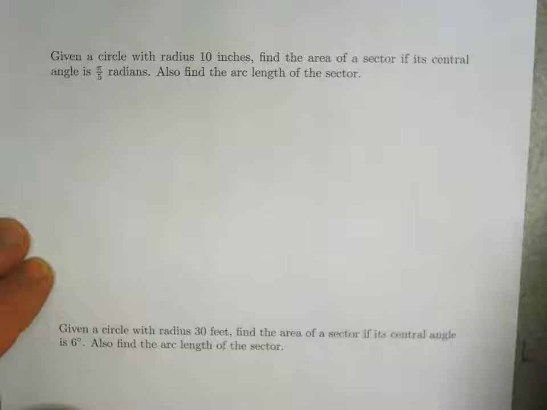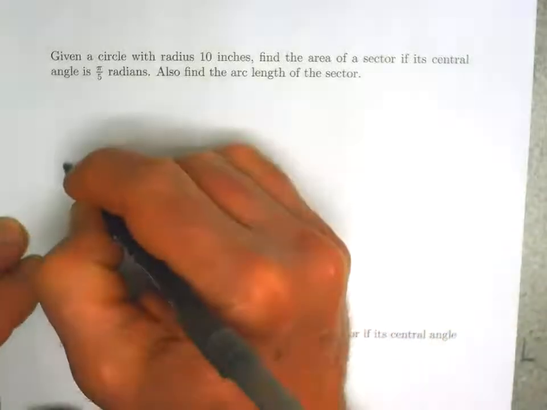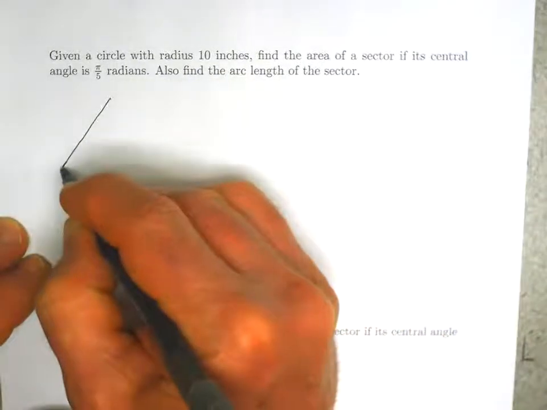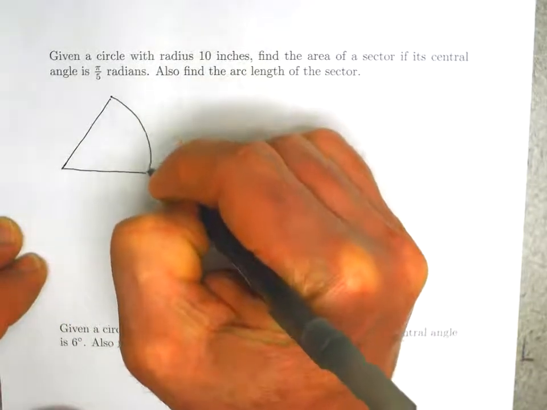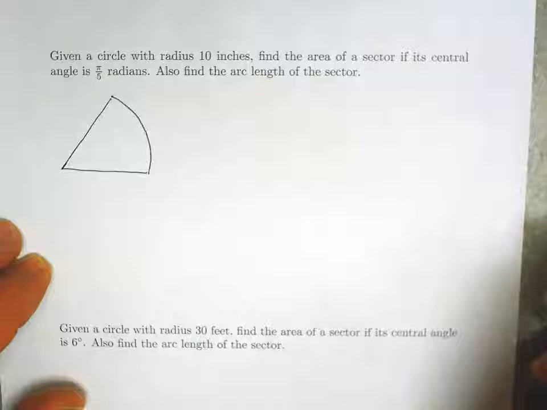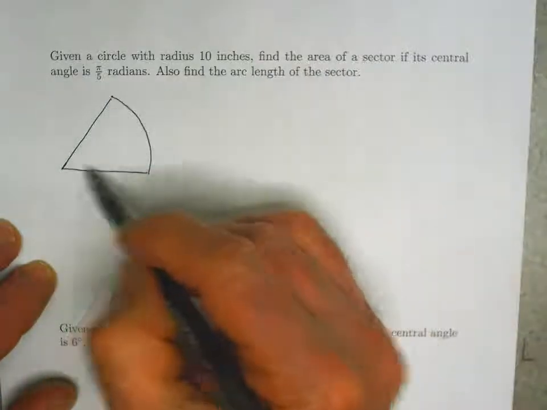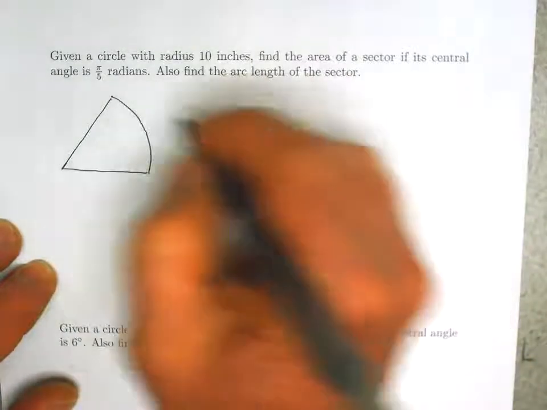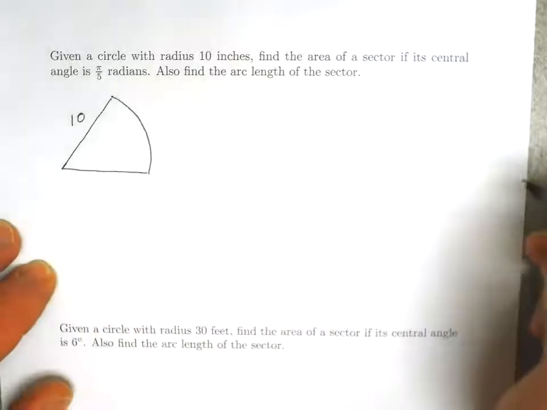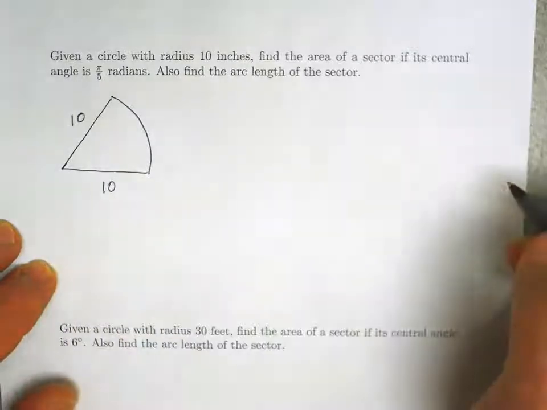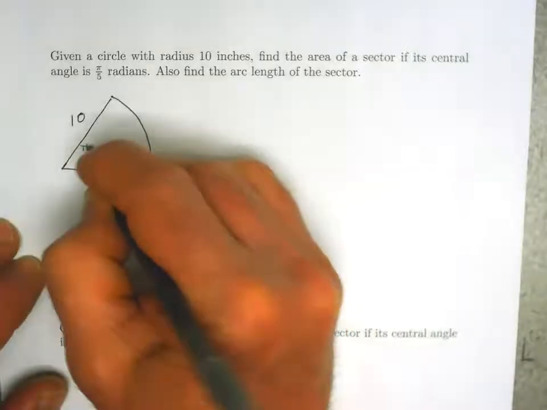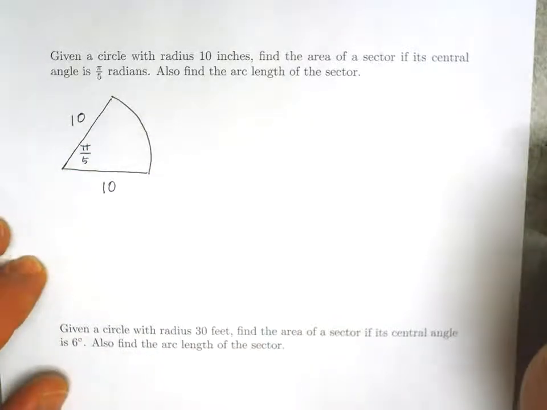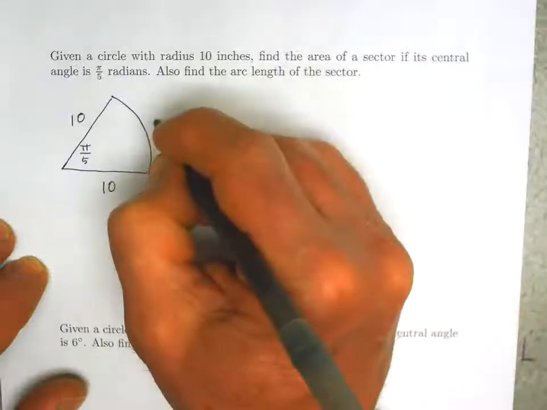Okay, a sector of the circle, so I won't draw the whole circle. This is just a part of the circle. The radius is 10 inches. The central angle is pi over 5 radians. And then there's an arc length.